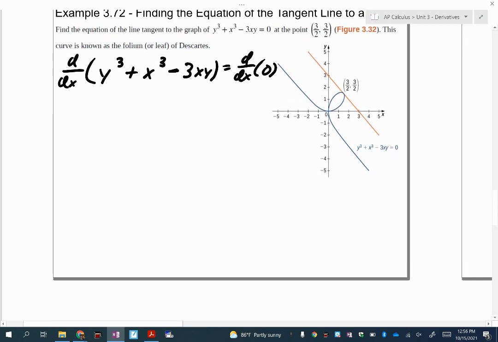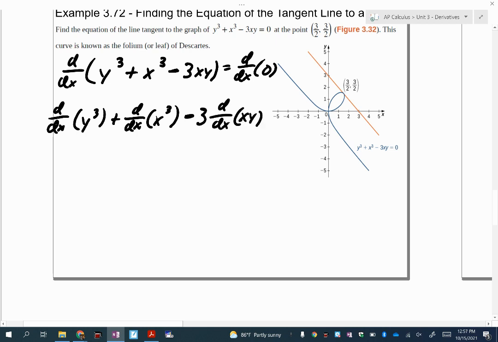Okay. Now, I'm going to split this up to show a little bit more work here. I'm doing the d dx of y cubed plus d dx of x cubed. And then watch how I do this. I'm going to do minus 3 times the d dx of xy. All right, and that's going to just be equal to 0 because the derivative of 0 is 0.